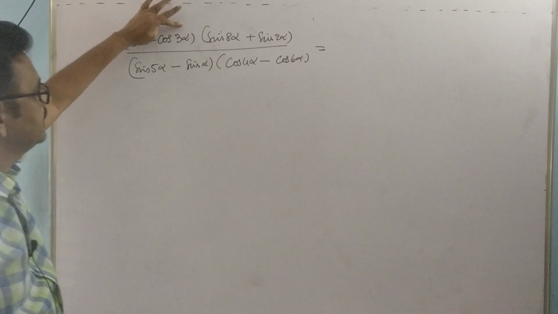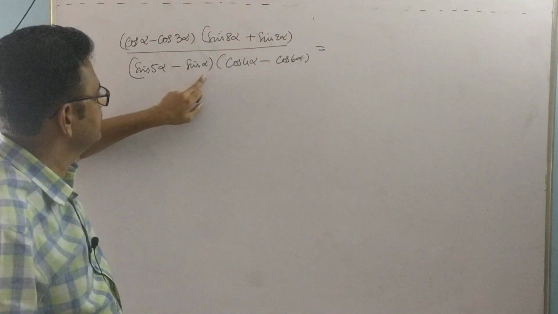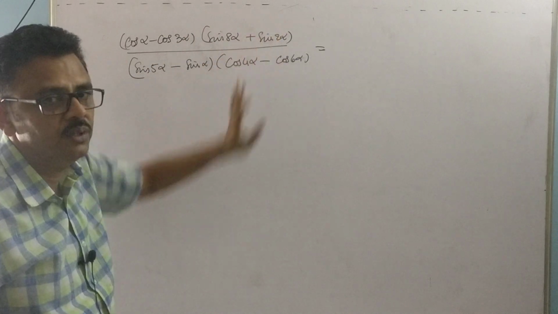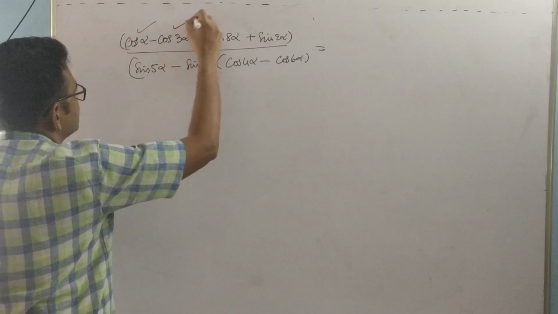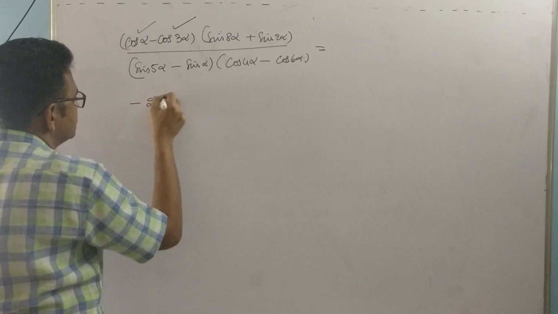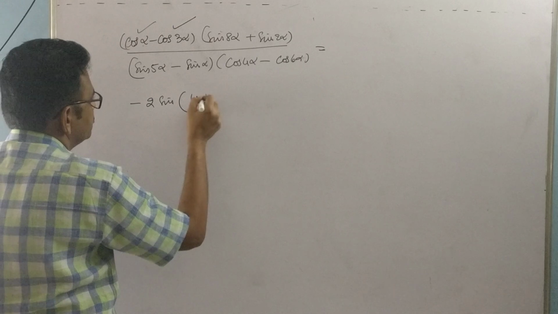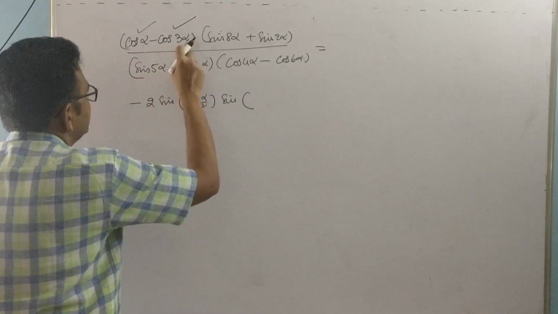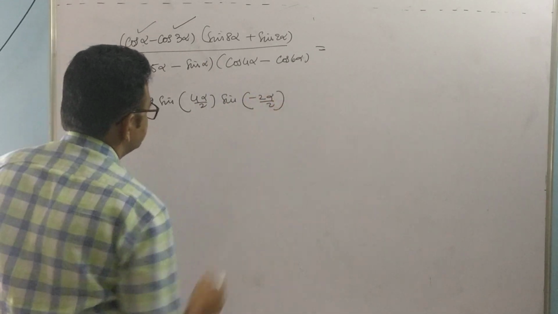So cos C minus cos D, sin C plus sin D, sin C minus sin D, cos C minus cos D. So these are all 4 formulas. First one, cos C minus cos D is minus 2 sin C plus D by 2, 4 alpha by 2, into sin C minus D by 2, minus 2 alpha by 2.